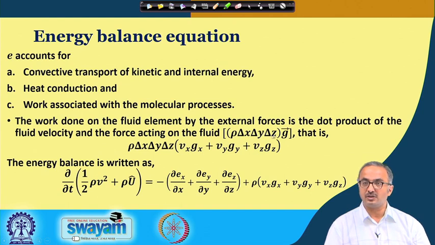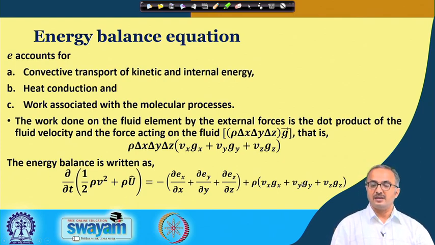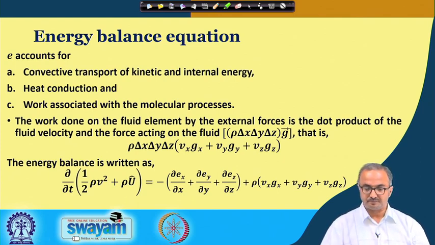Okay, so this gives the total amount of force, and its dot product with the velocity gives us the work done. Now after putting all the values, we find this is the final expression for the energy balance. And in this kind of exchange you can also add any generation terms due to the reactions.